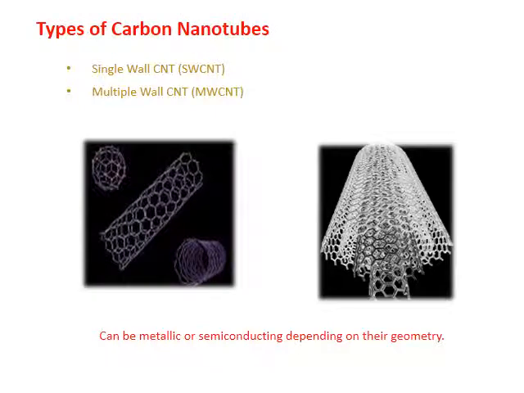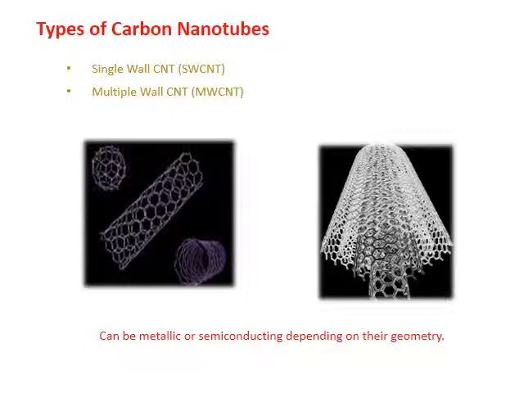Carbon nanotubes are fundamentally classified as single wall carbon nanotubes and multi-wall carbon nanotubes, depending on the layers of rolls present in the system. They can be metallic or semiconducting depending on their geometry of rotation, whether it is zigzag type, chiral type, or armchair type.